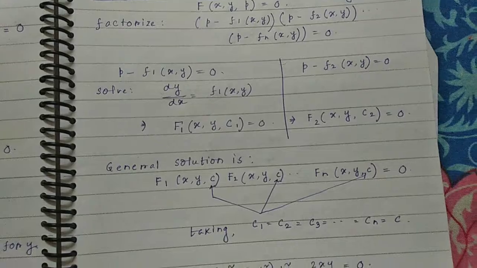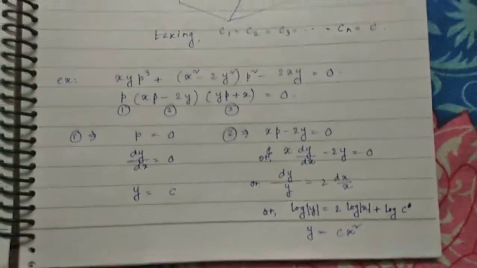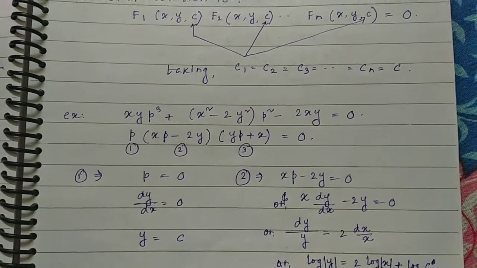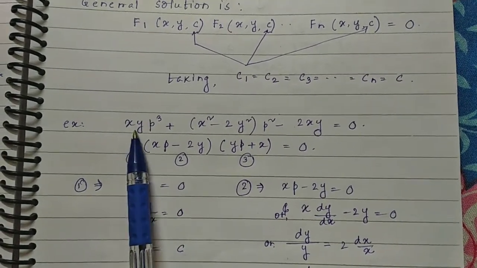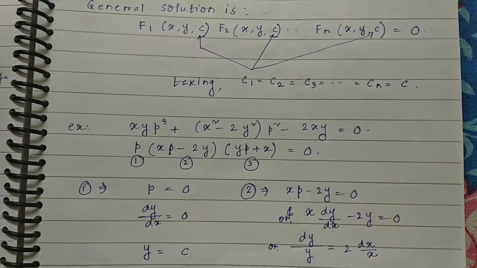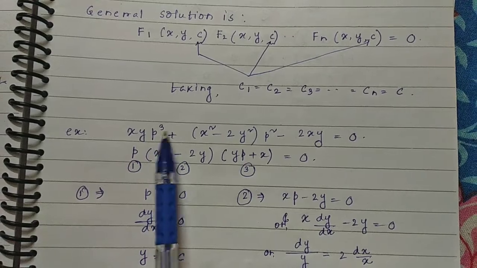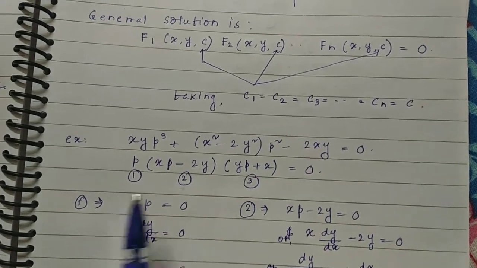So we need an example to understand the basic thing. Let us say we are given this equation. If you check, this is a polynomial in p. The p cubed term is there, the p squared term is there, and so on.